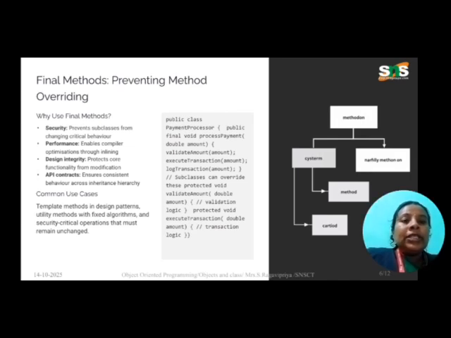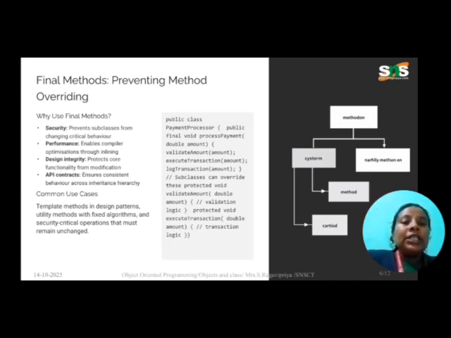Final methods: preventing method overriding. Why use final methods? Final methods are mainly used for security, performance, design integrity and API contracts. In security, it prevents subclasses from changing critical behavior. For performance, it enables compiler optimization through inlining.